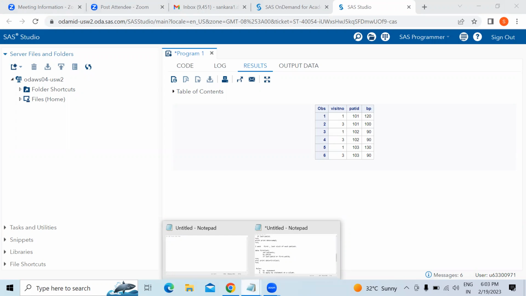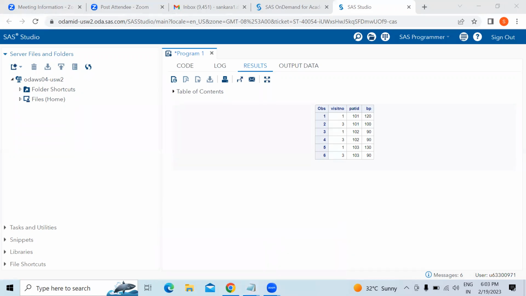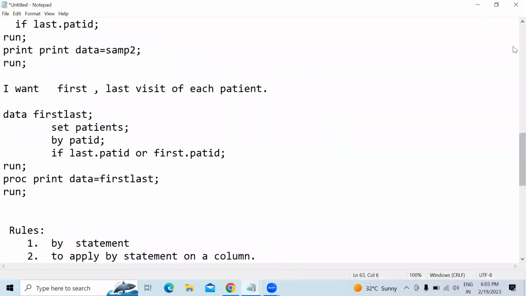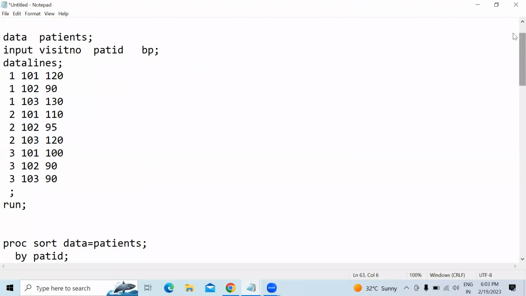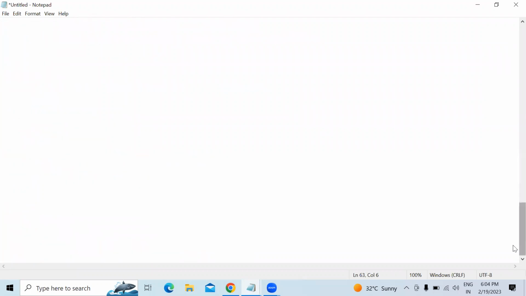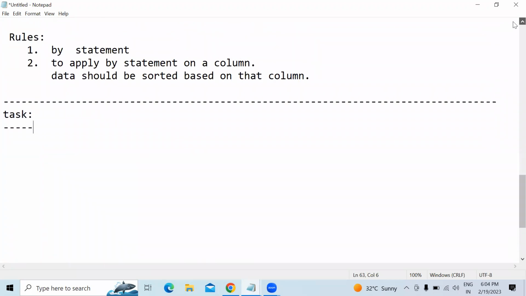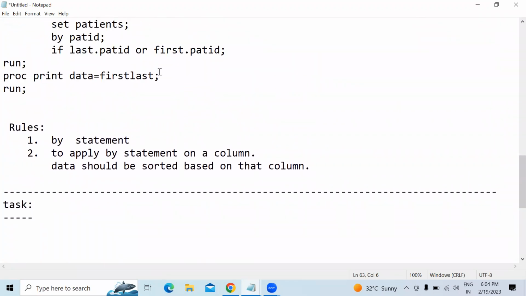In the data set, what is my first column? Patient ID, third column BP. If we keep this BP in the first column, it will take that BP. If you want to change the order, give the var statement here or keep. In the keep, you can define the order also.